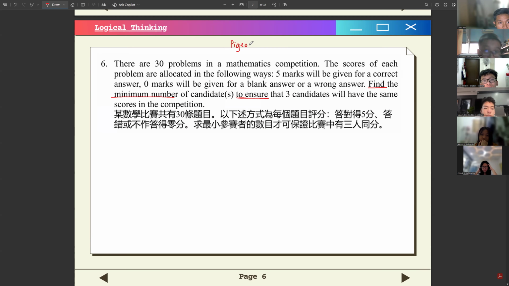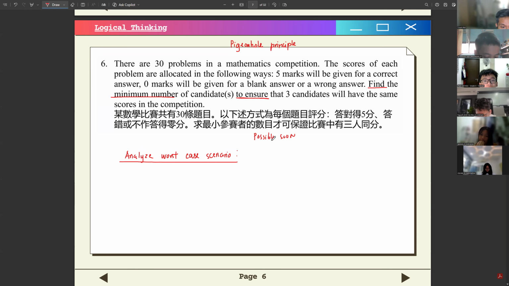Are you all familiar with this? Pigeonhole principle. In a pigeonhole principle problem, we analyze the worst case scenario. So we have to meet the condition for a worst case scenario. So let's say for this one, what are the possible scores that we can have? Let's list it here. Possible scores.